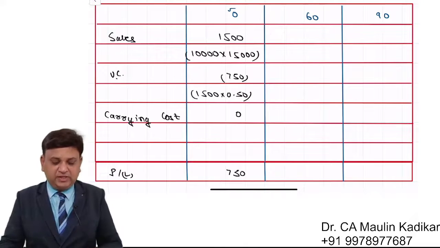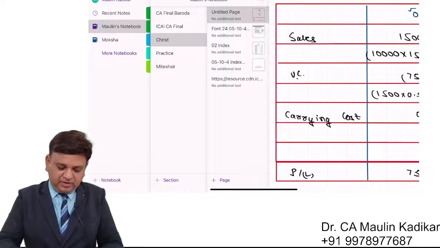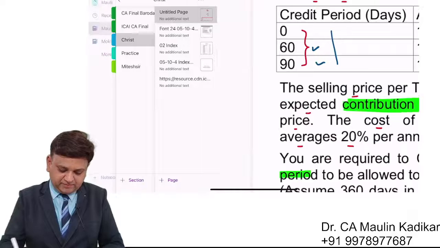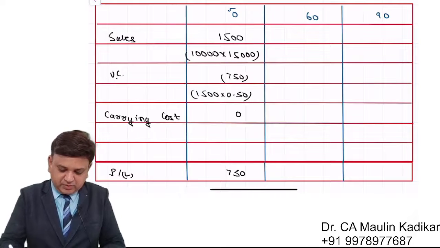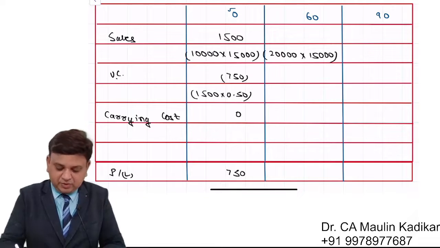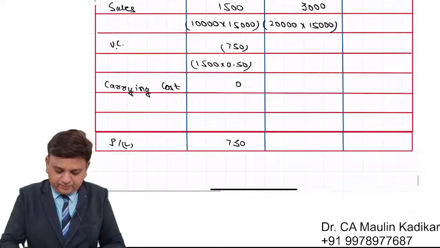In case of 60 days, let us see. We have been provided that the sales will be 20,000 units. So it is 20,000 into 15,000, that comes to 3,000 lakhs.